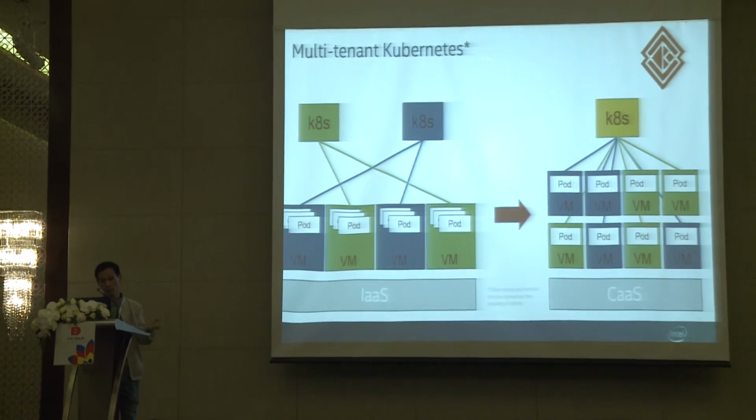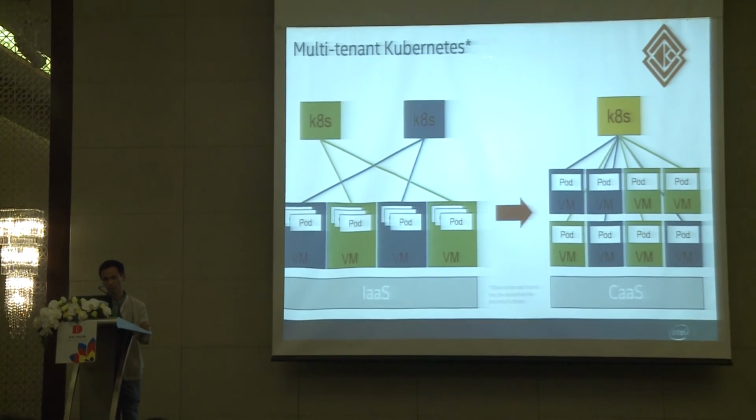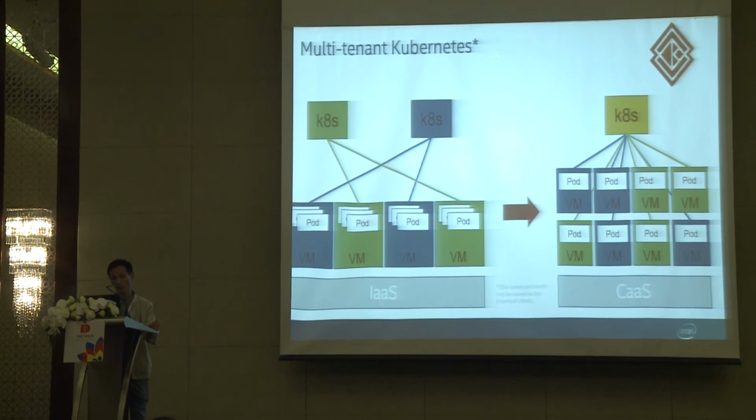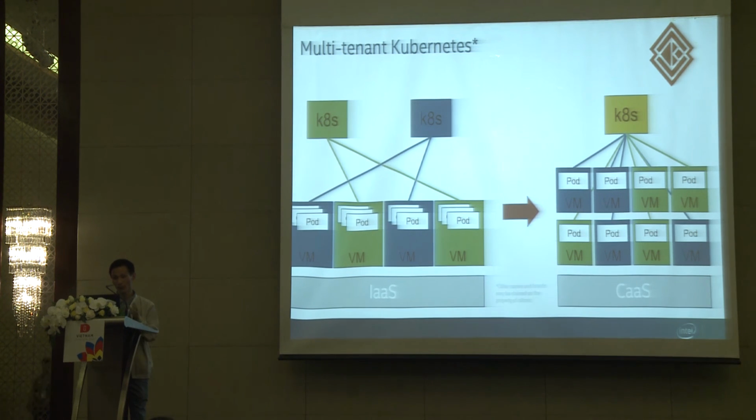We create a couple of virtual machines, and each of the VMs will belong to a tenant, and we deploy Kubernetes or containers in this VM. Now, with Kata container, we can actually create a container as a service, because the Kata container has virtual machine isolation, and all these multi-tenants can be shared in the same Kubernetes cluster.